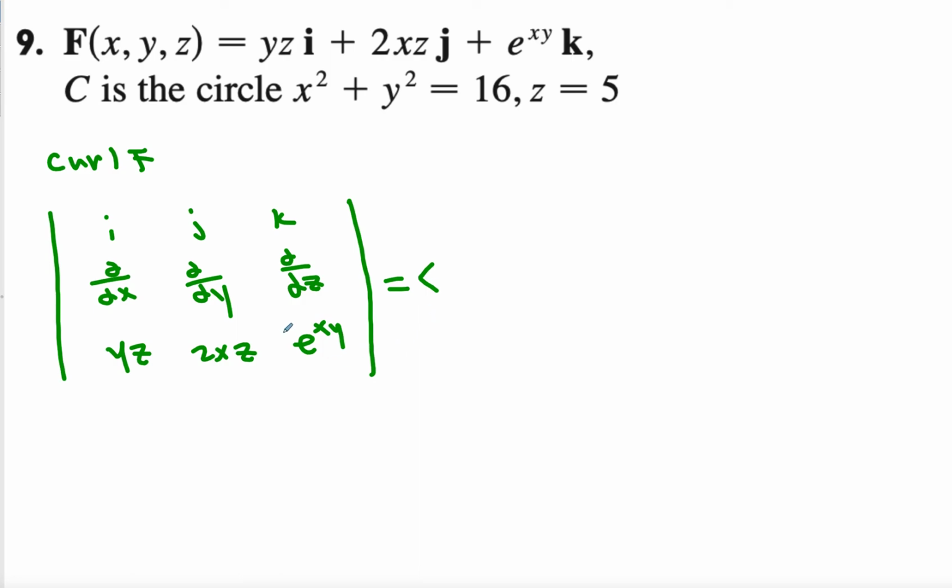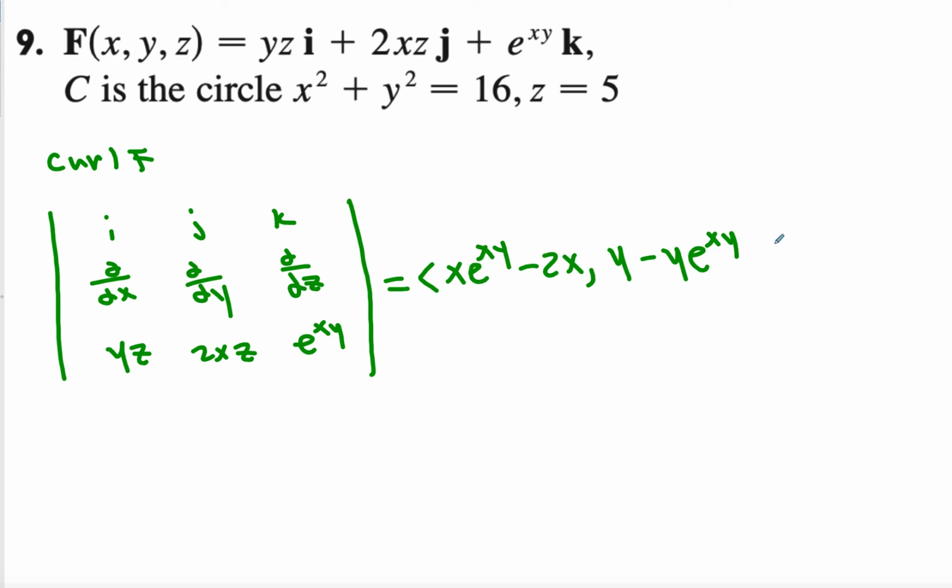For the first component, we get x e to the xy for the first one, minus 2x. That's the x component. How about the y component? The y component is y, and then minus y e to the xy.